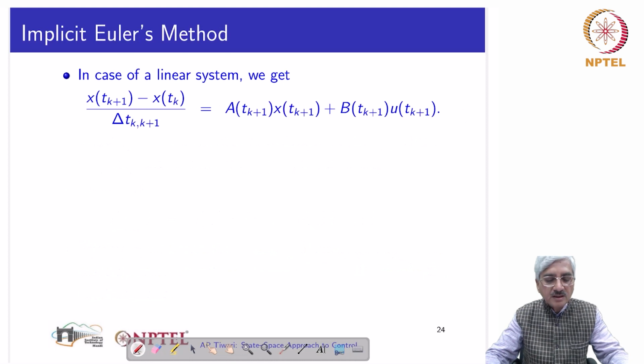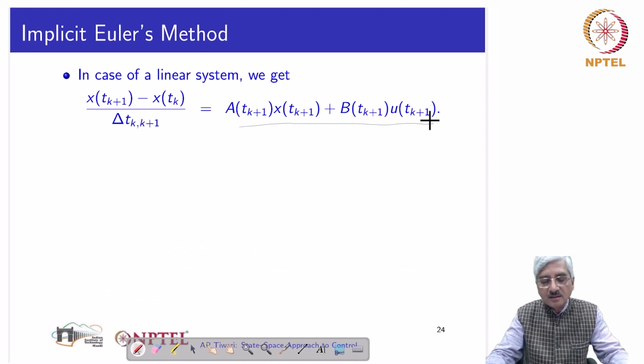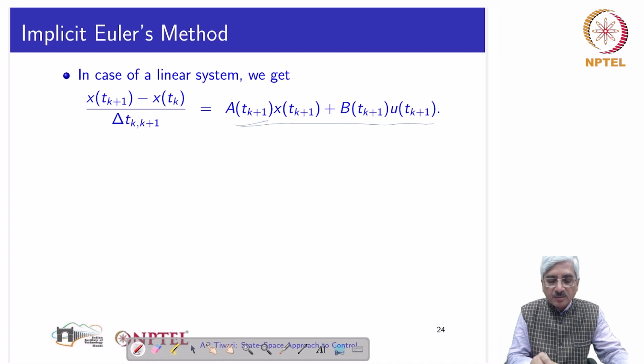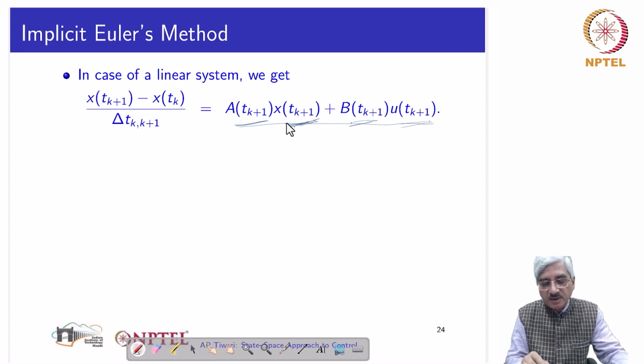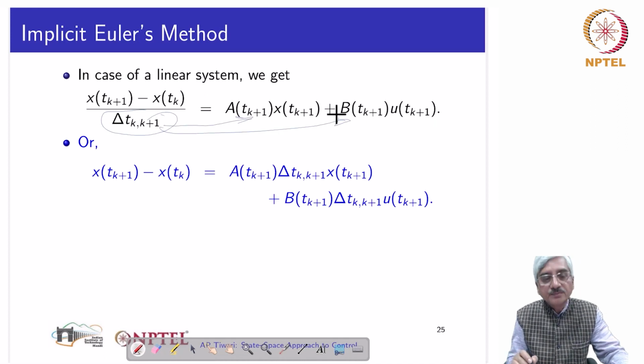So in case of linear systems, the representation is like this. The right hand side is the matrix multiplied by the state plus the input matrix multiplied by the input, both taken at the end of the time step, that is tk plus 1. Manipulating this, we are basically multiplying this to the terms on the right.